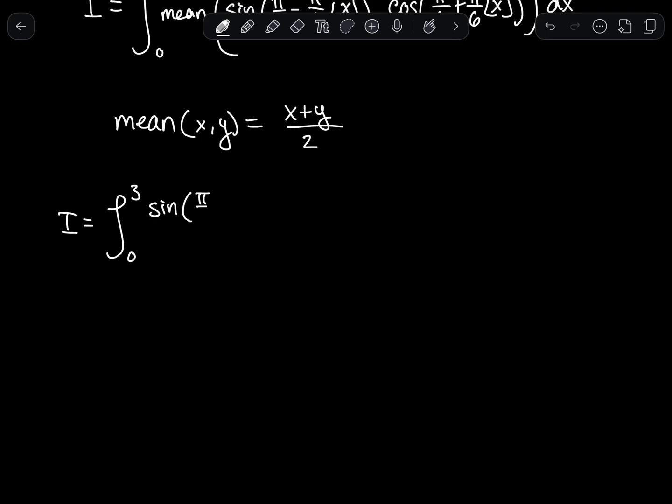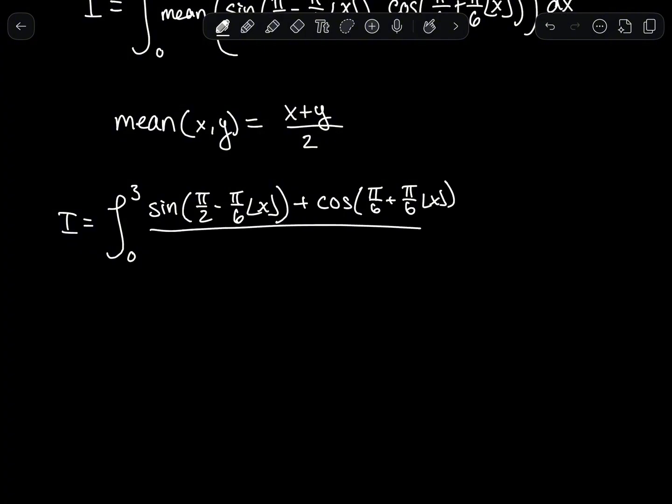sine of pi by 2 minus pi by 6 times the floor of x plus cosine of pi by 6 plus pi by 6 floor of x, all of this over 2, times dx.